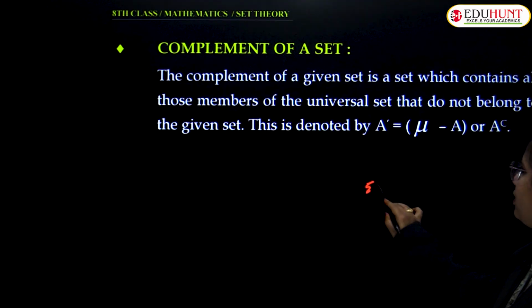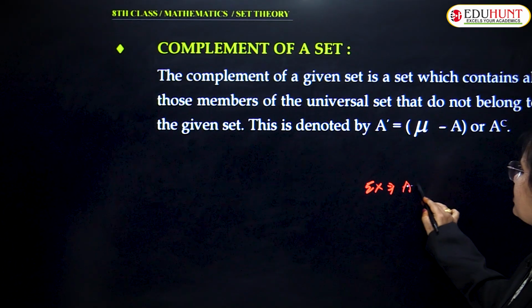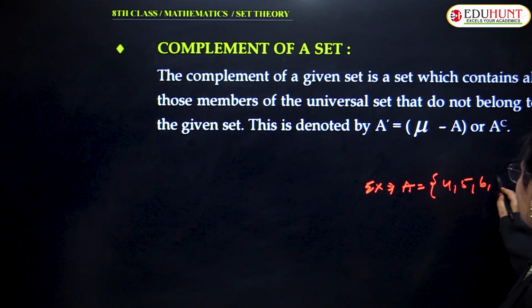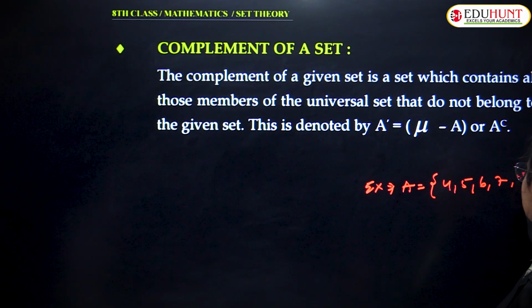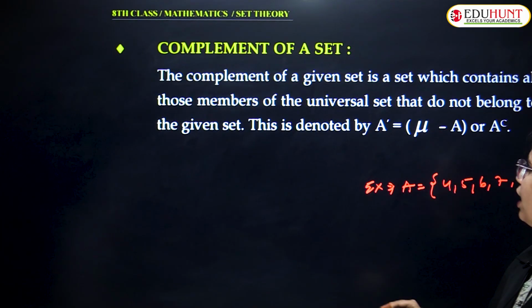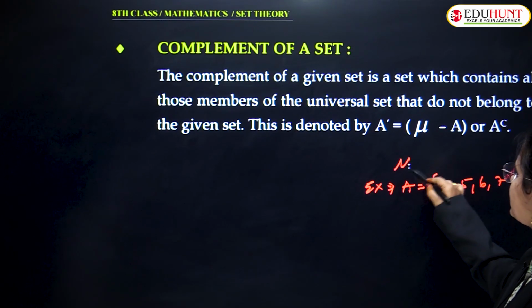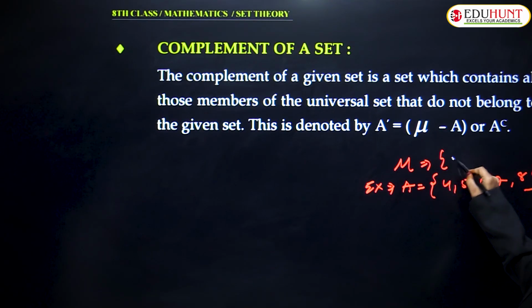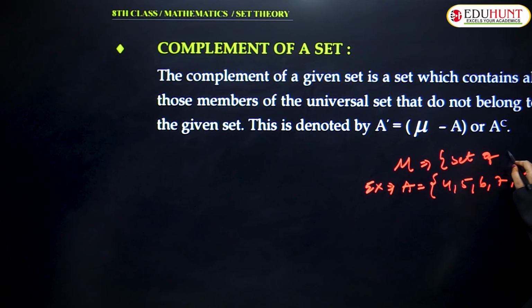For example, A is a set, you are having 4, 5, 6, 7, 8. And mu is a set, let me take mu, the set of all whole numbers.